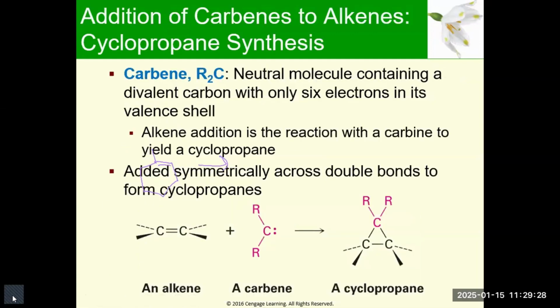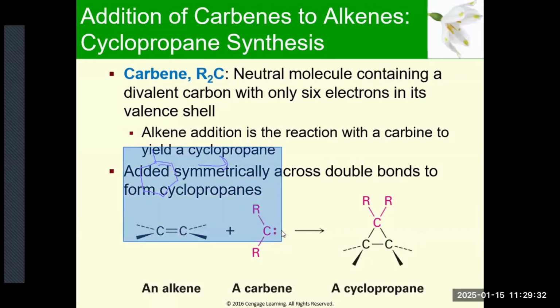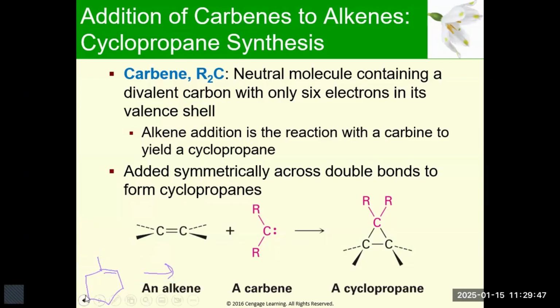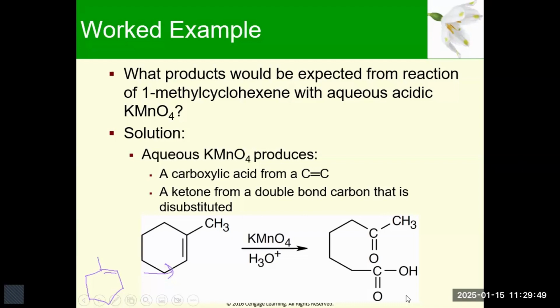So in this reaction, let me move my drawing that I did. Give me a second, and I'll back up. All right. So if you notice, here there's no terminal alkene.